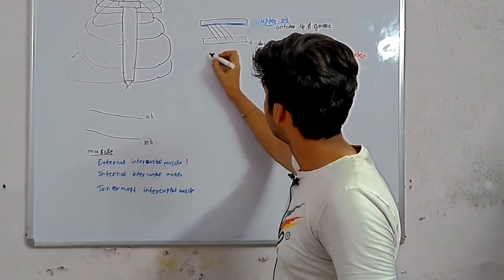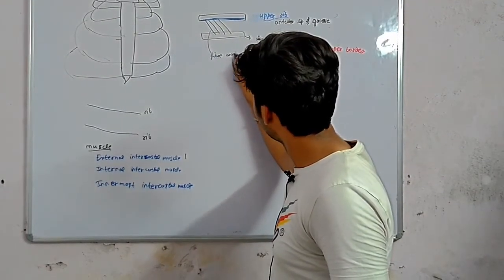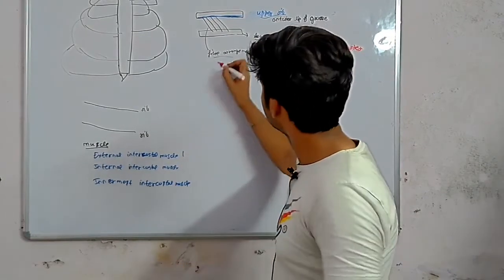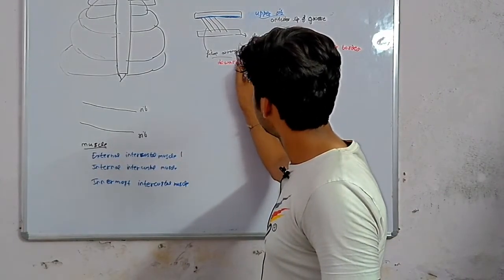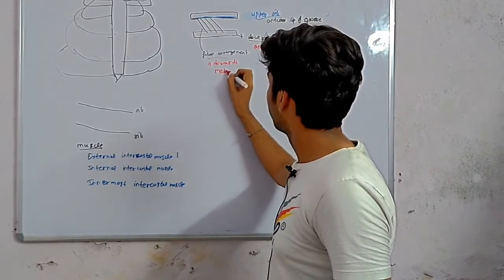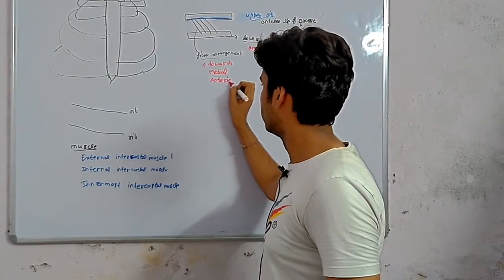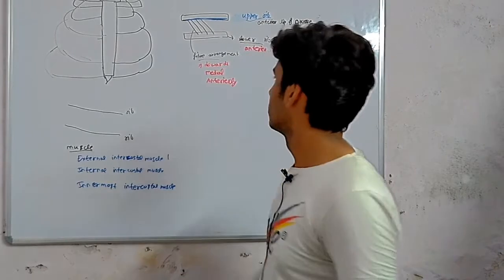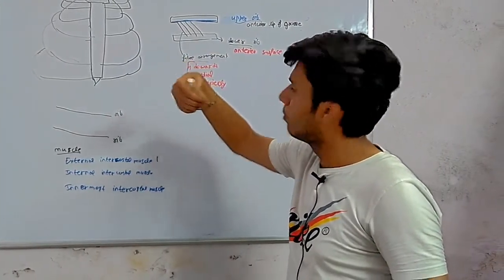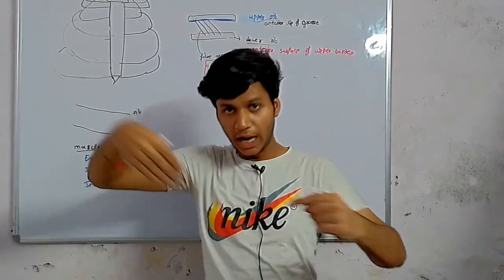Fiber arrangement: downwards, medially, anteriorly. Done. These are three important terms: downwards, anteriorly, medially, meaning the fibers will go in this direction, coming anteriorly.